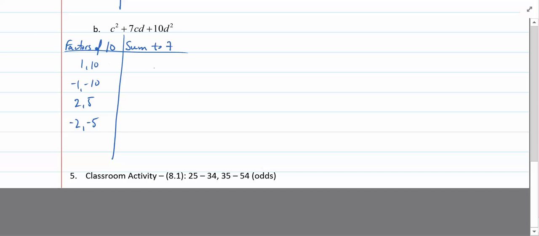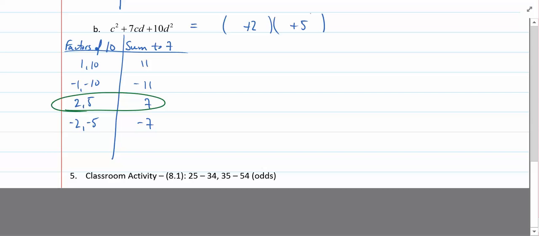The sum of each of these factored pairs is 11, -11, 7, and -7. And the pair that works for us happens to be +2 and +5. So we can say that this trinomial factors into the binomials that contain factors of +2 and +5.